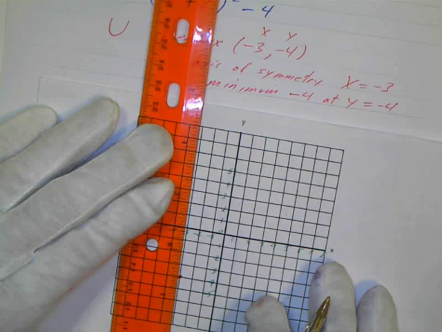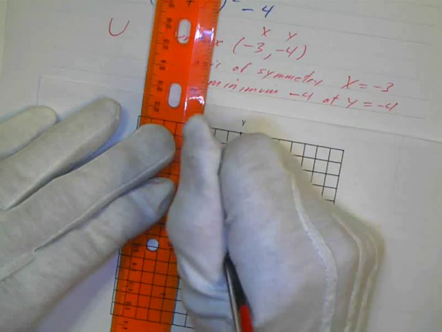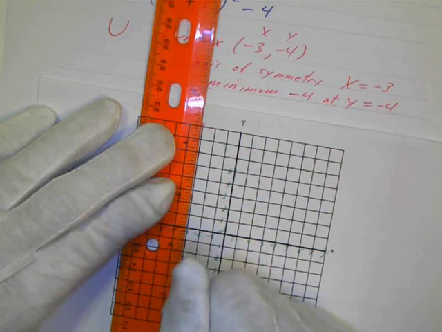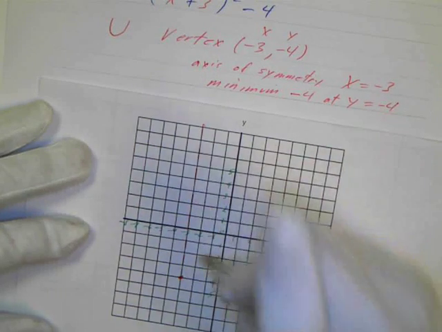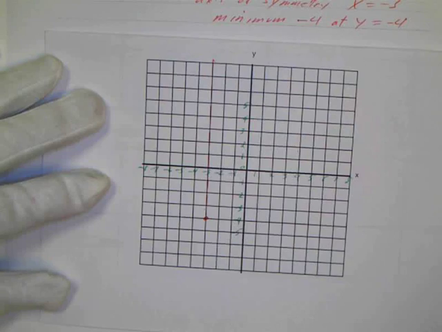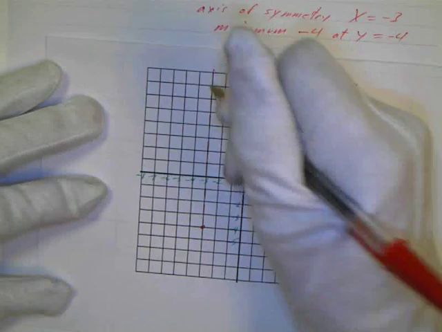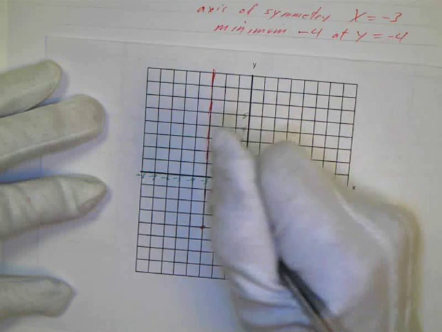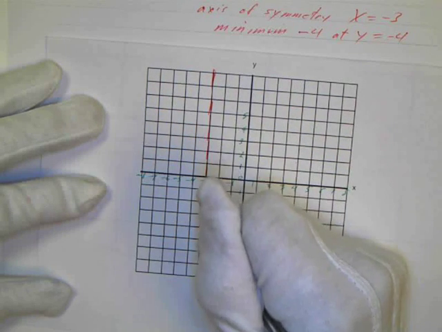That's a vertical line, and that's going to help us a little bit later. So there's your axis of symmetry that goes like this. Let's make it a little wider there. So that's our axis of symmetry.